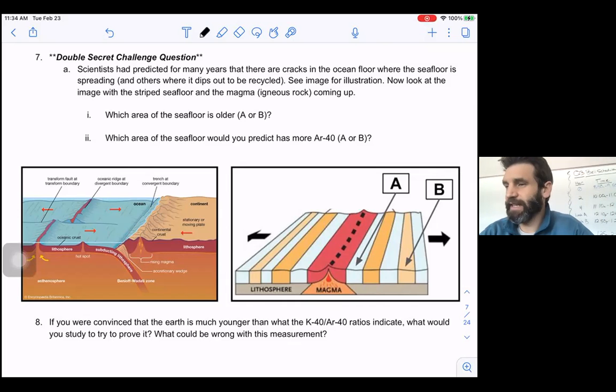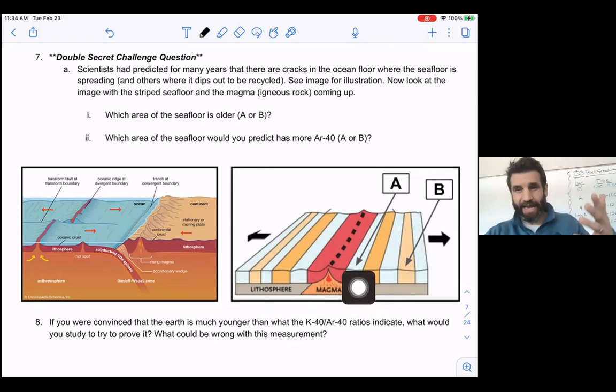So now I say, look at the image with the striped seafloor and the magma pushing up. Which area of the seafloor is older, A or B? Based on this theory, scientists would have expected that B would be older, right?